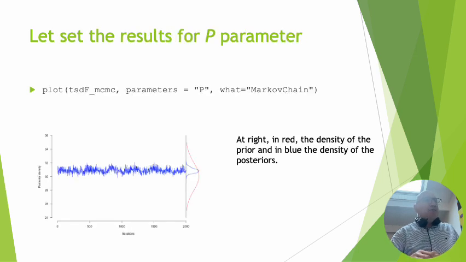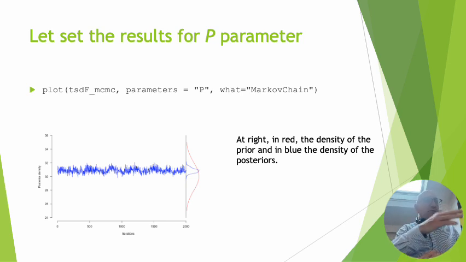Let's see the results for the P parameter. In this graph, we see the Markov chain of the different p-values that occur during the 2,000 iterations, because we had 20,000, but we keep 1 out of 10. So at the end, we have 2,000 iterations.